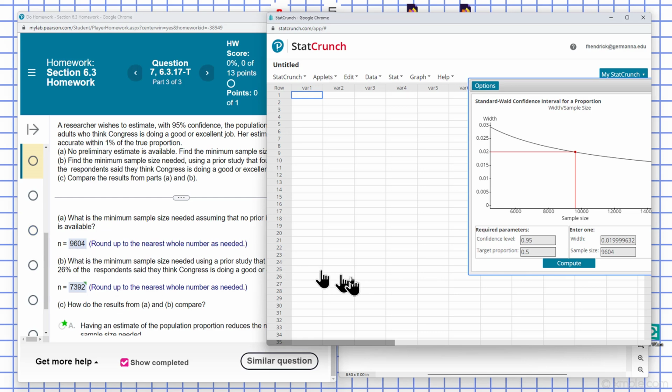And for the other one, we know something about the target proportion.